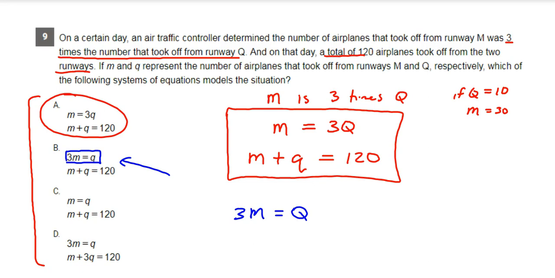If I pick that number 10 and put it in, that means if M has 10 flights, then Q had 30. That wouldn't work, because then Q would be bigger than M. If M is 3 times larger, you have to set up the equation so it comes out that way. So just be careful that you don't get the coefficient 3 switched up.